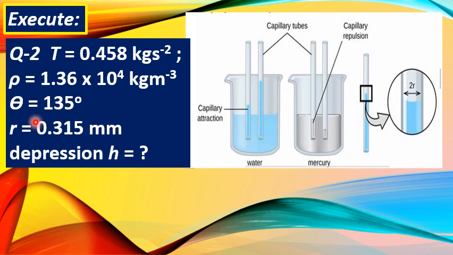The inner radius of the capillary tube, small r, is also given as 0.315 millimeters. And our target variable is the depression, small h.